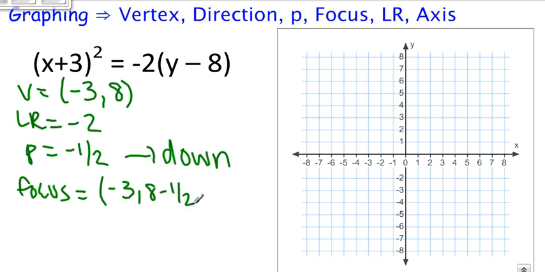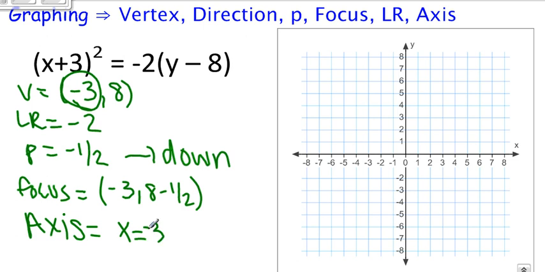Now I'm adding the 1/2, but it's a negative 1/2, which is why it became a minus for our focus. And then lastly, the axis of symmetry is always going to be what your x value was if it's a vertical graph. If it had been a horizontal where the y was here, it would have been the y value that we had. So we would have x equals negative 3 as our axis of symmetry.